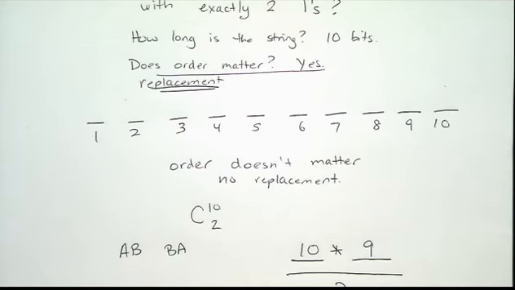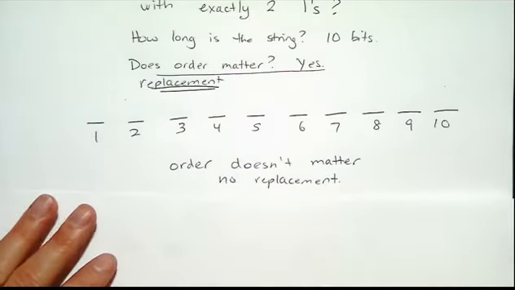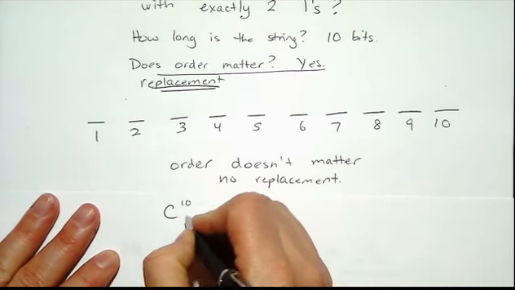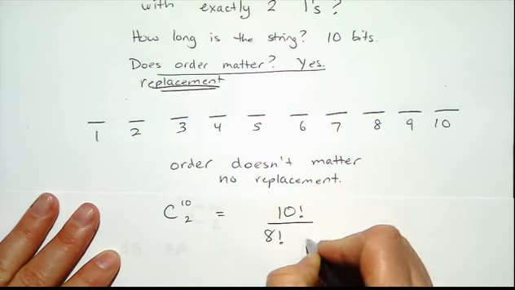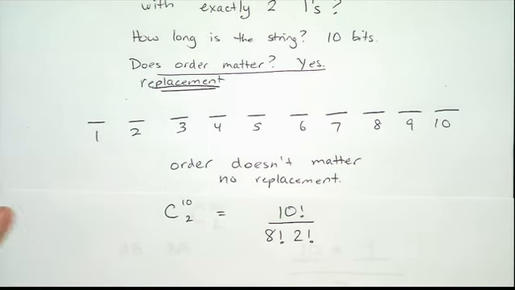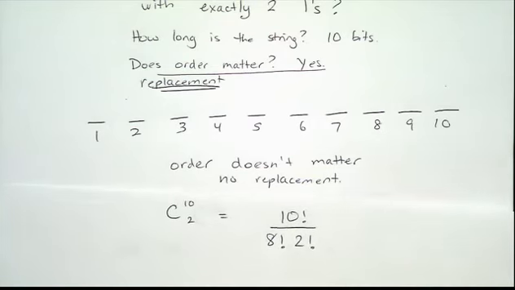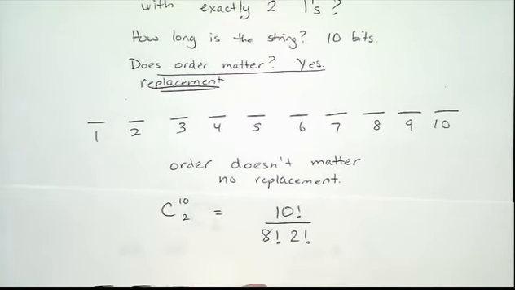So the formula for 10 choose 2 is actually 10 factorial divided by 8 factorial times 2 factorial. The reason for that is we say, well, let's do the 10 problem. 1, 2, 3, 4, 5, 6, 7, 8, 9, 10. 10, 9, 8, 7, 6, 5, 4, 3, 2, 1.